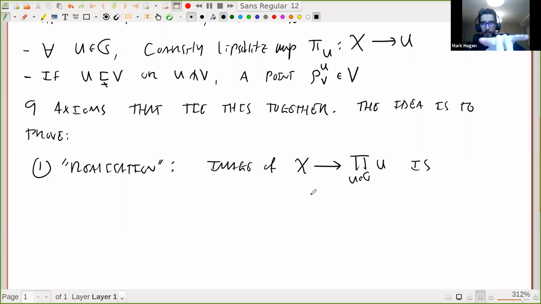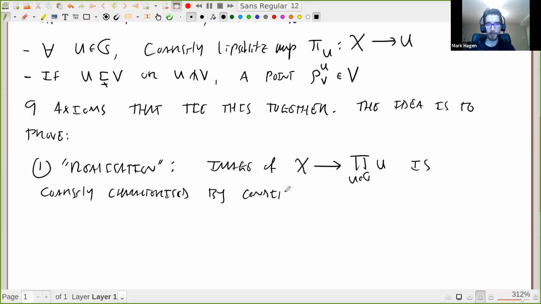So you just take the product of all the projections, the Coarse-Lipschitz maps over here, and this image is coarsely characterized by conditions on transverse and nested pairs. So on pairs U and V, such that U is transverse to V, or U is nested in V.